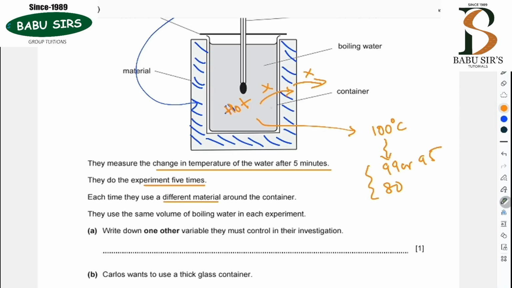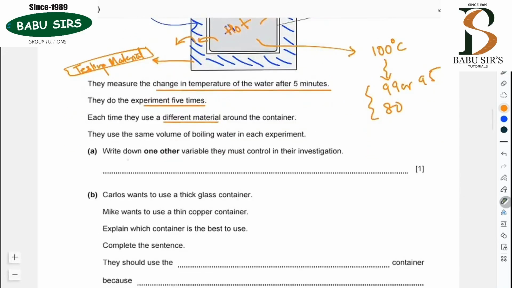If you use a good material here, then heat might not go out. So they are putting boiling water and testing after every 5 minutes how much heat is lost. If the material is good, it will not allow the heat to transfer outside.